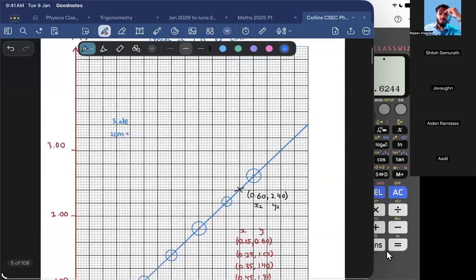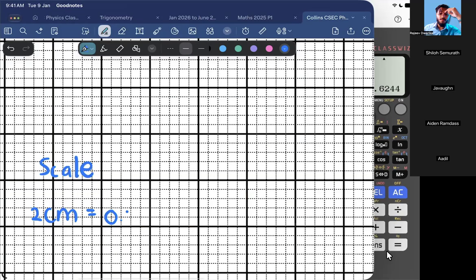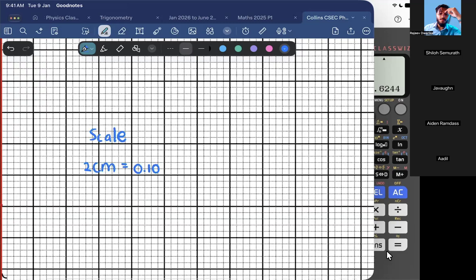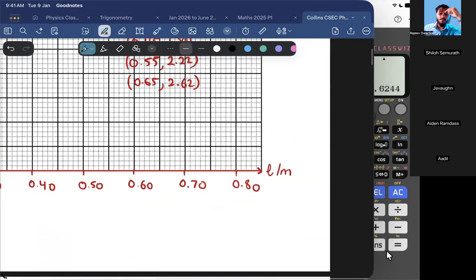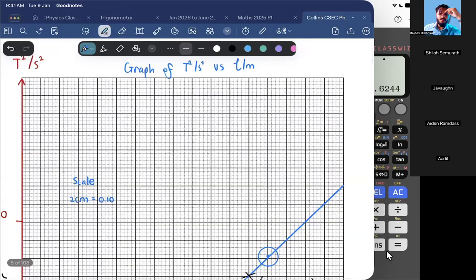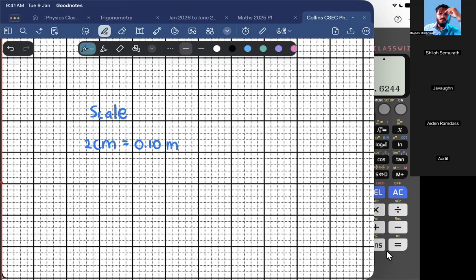This is a place where students lose marks. 0.10 what? What are the units? Meters. Right.